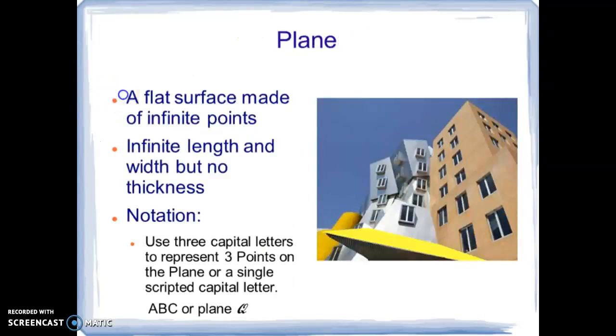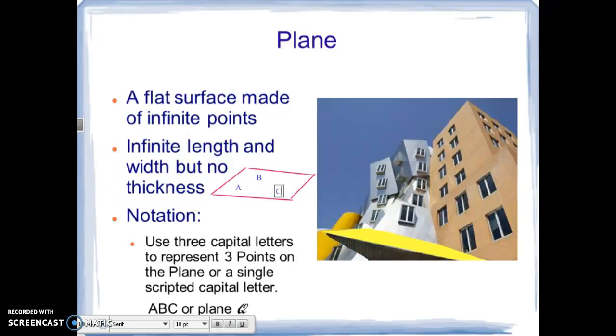A plane is a flat surface made of an infinite number of points. It has infinite length and width, but again, no thickness. So a plane, usually we use a parallelogram to indicate a plane, and we would name it with any 3 points that are on that plane.